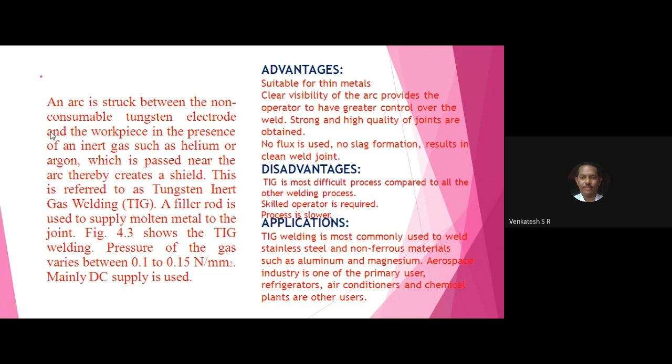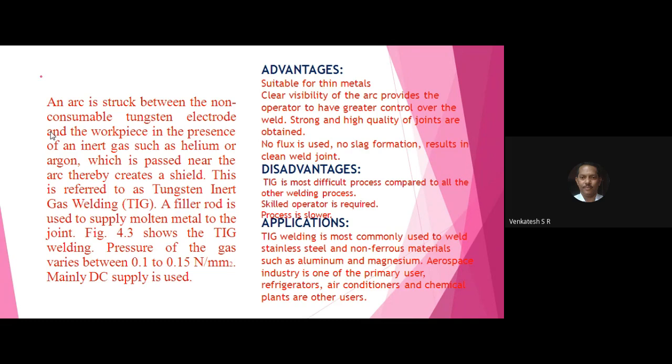Write down: an arc is struck between non-consumable tungsten electrode. All of you underline non-consumable tungsten electrode. In TIG, the tungsten electrode will not be consumed.